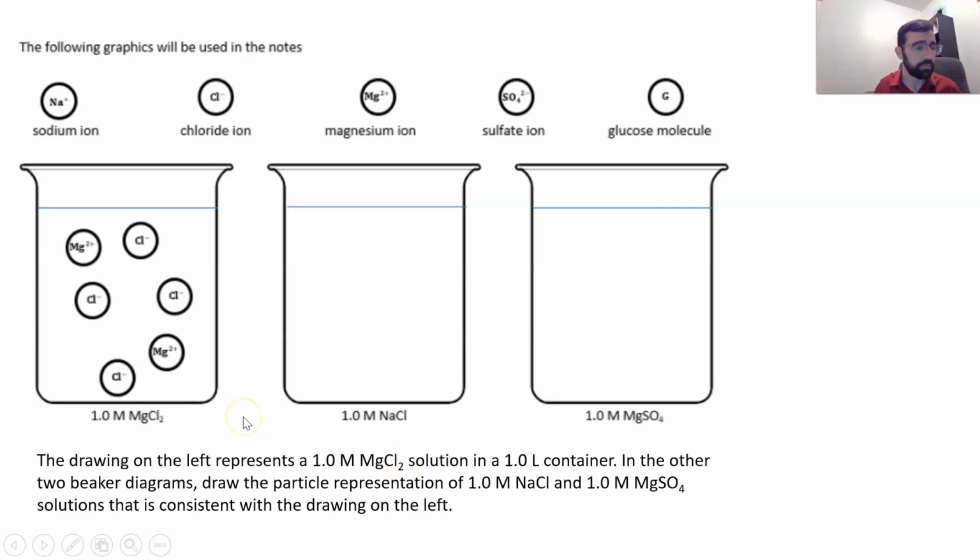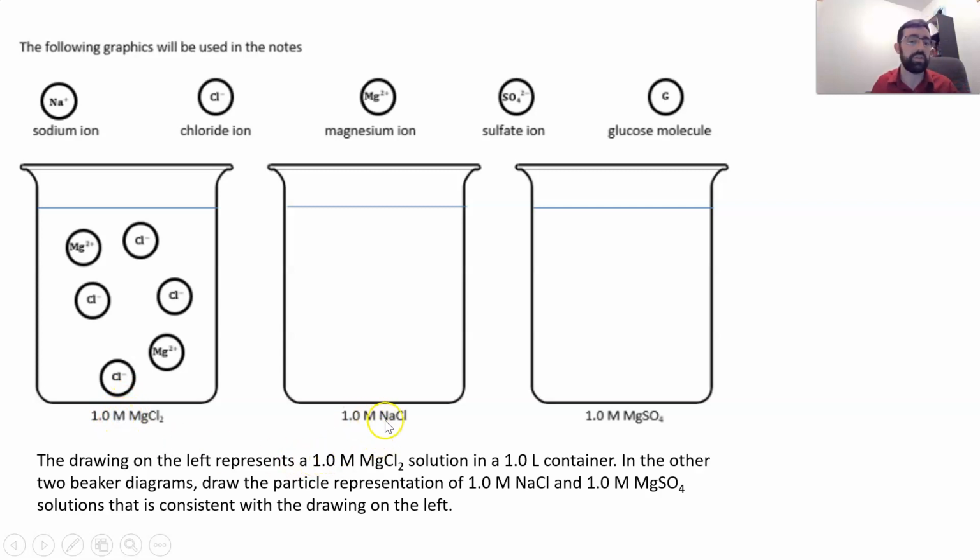So, if I have 2 magnesium ions for a 1 molar solution, if I want the same molarity of sodium chloride, well, for every 1 magnesium chloride, I should have 1 magnesium ion. 2 magnesium ions represents 1 molar is what we're saying, okay?